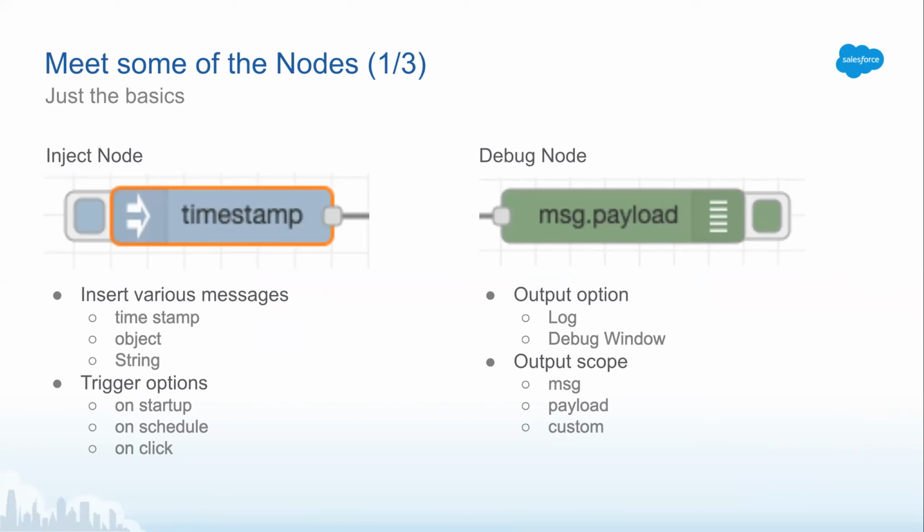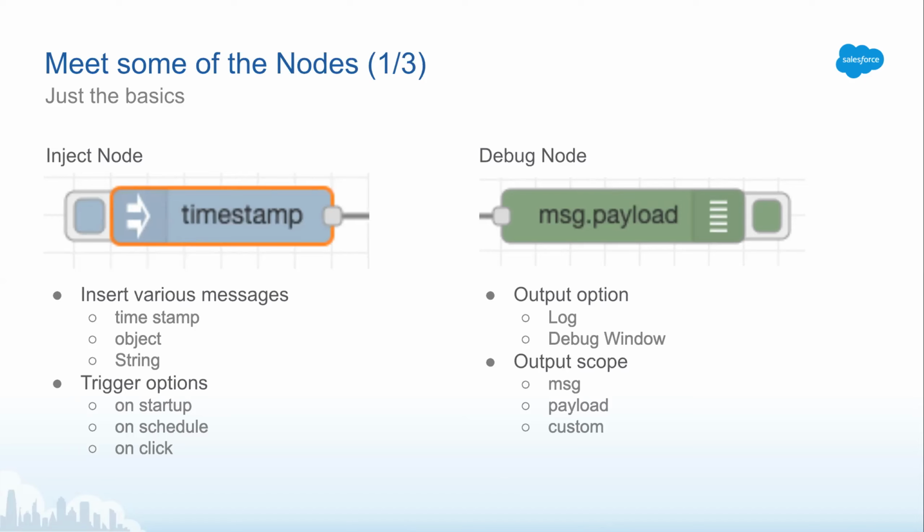It can send out a timestamp, an object, a string, whatever you define. And it can send it out on startup, like once NodeRED starts, the inject node kicks something off. It's kind of like your autoexec file in your operating system. It can do that on a schedule or on click if you try things.